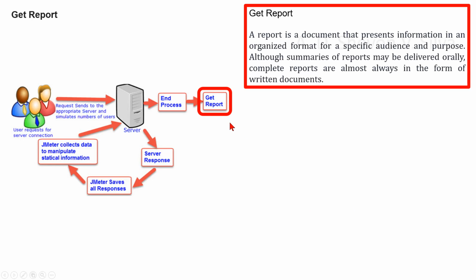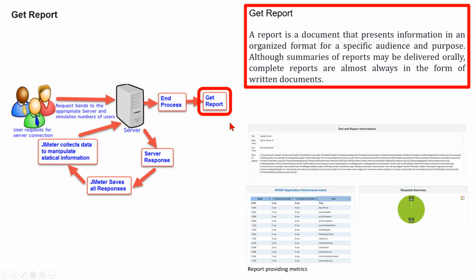A report is a document that presents information in an organized format for a specific audience and purpose. Although summaries of reports may be delivered orally, complete reports are almost always in the form of written documents.